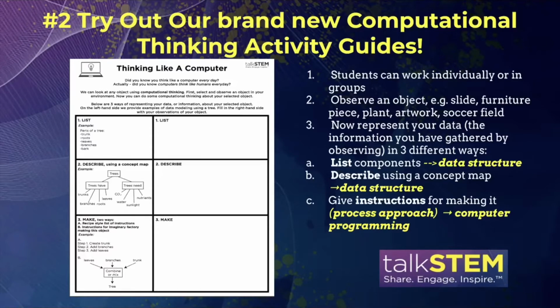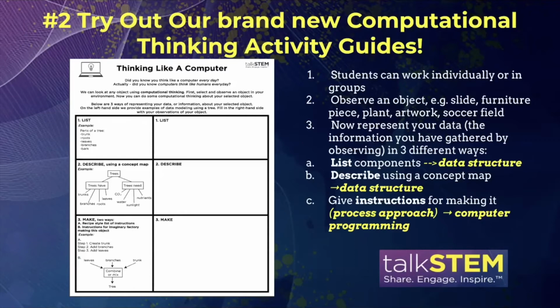So there are 3 models of representing the data in an object that they observe. We definitely want the object to be something that's real, that they're looking at. So you can imagine if this is a remote learning scenario, you can have students still work in groups and select an object in each other's homes and talk to each other about it.